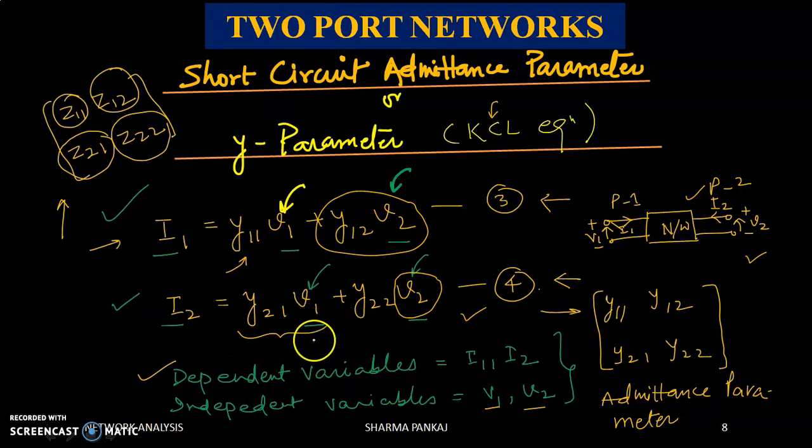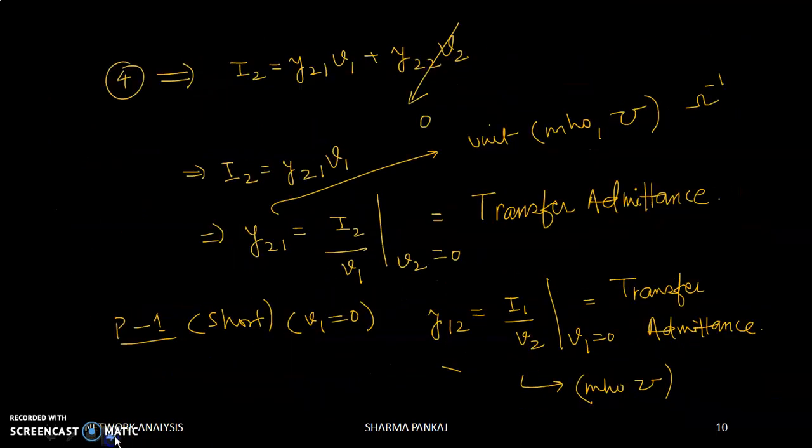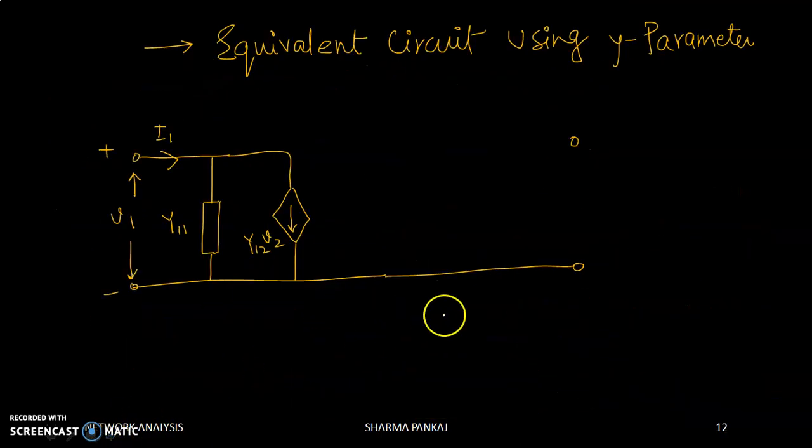Okay. So it can be drawn like this. In shunt parameter we'll have Y22. From port number 2 we are seeing this, and this is your voltage controlled current source.